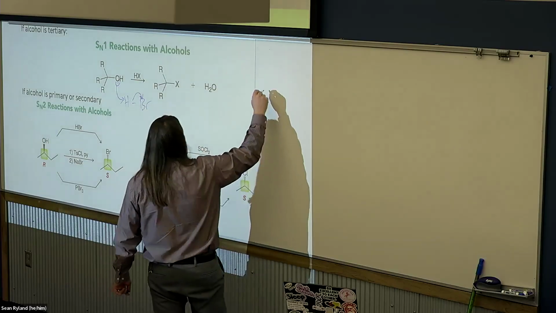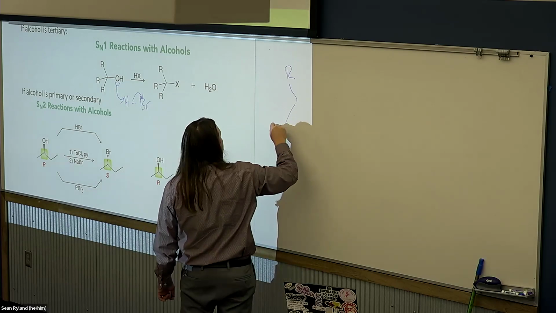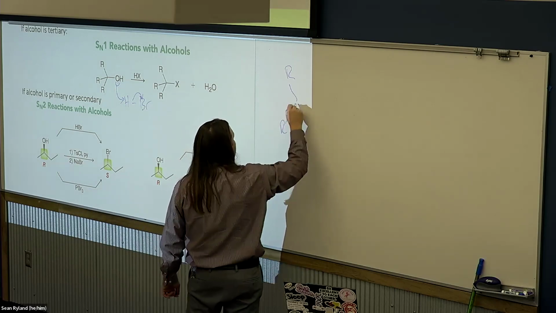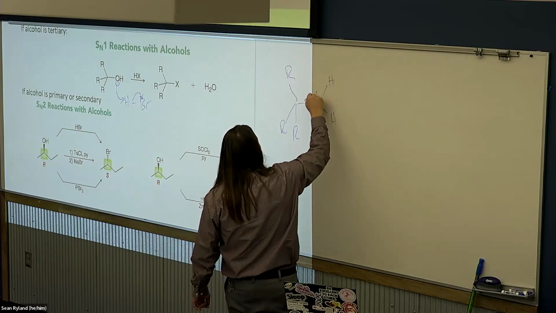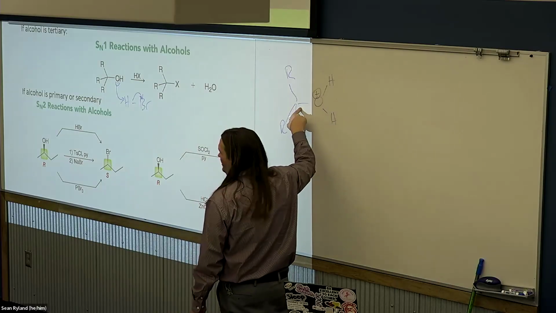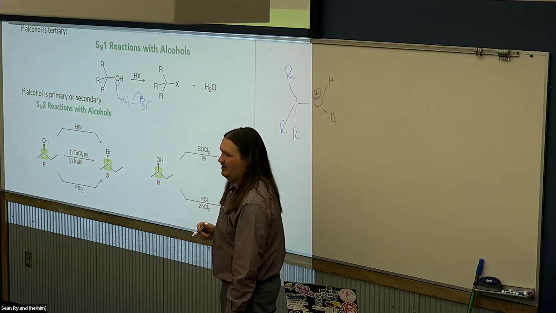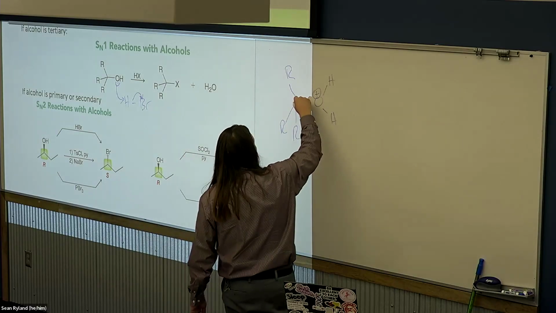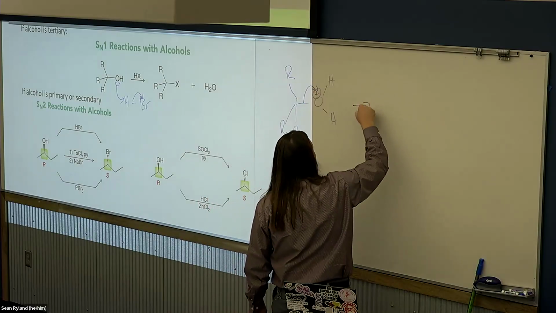That gives us a really good leaving group. And because it's tertiary, it's easy to leave, right? We only saw SN1 reactions when it was tertiary. So that leaves as water, and we get the tertiary carbocation.